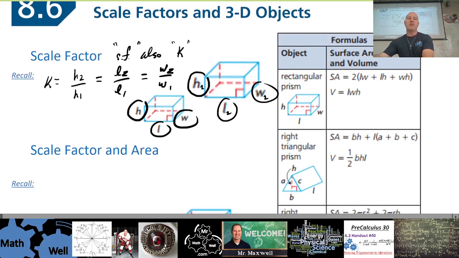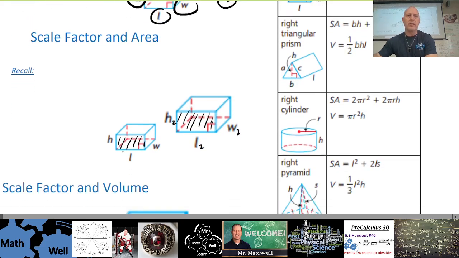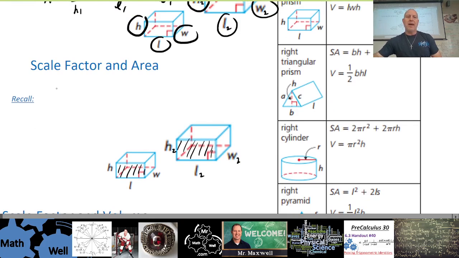Now scale factor for area. This is kind of cool. So think about this. I'm going to go back to this same diagram down here. If I have H times L, and I have H2 times L2, that would be the area of this face, right?